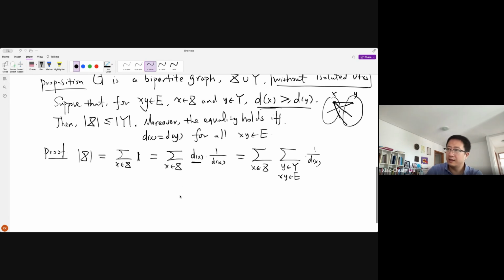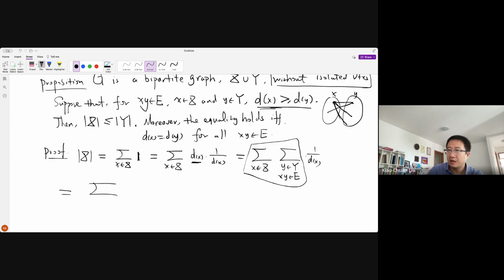And I keep writing equalities. At this point, it's a little more complicated. I manipulated this double sum.